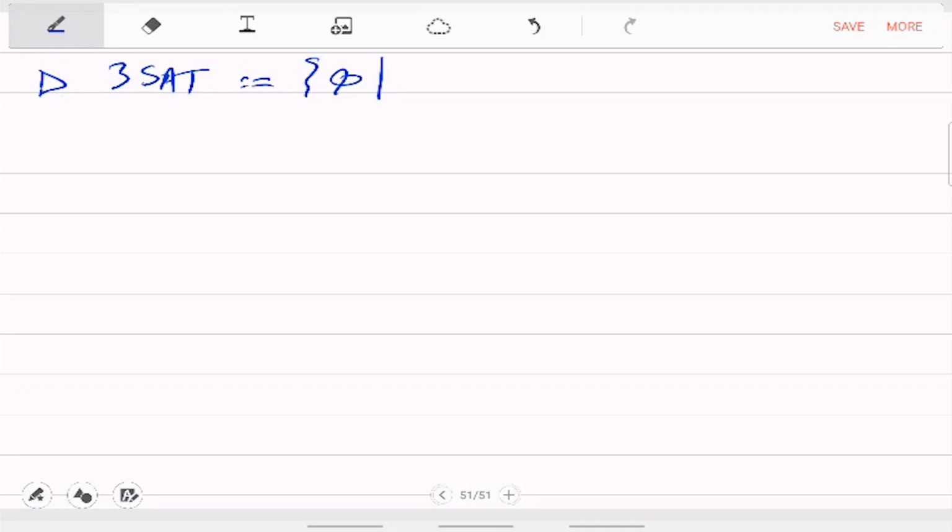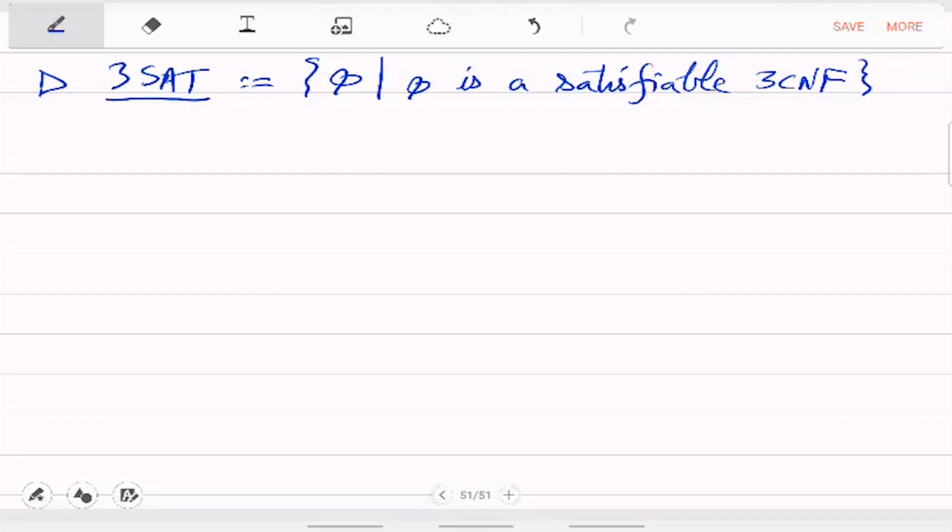So phi such that phi is a satisfiable 3 CNF formula. So 3 SAT is as hard as SAT.